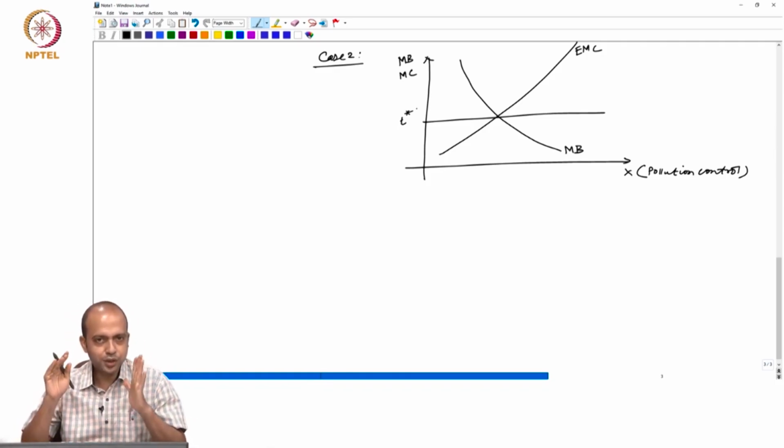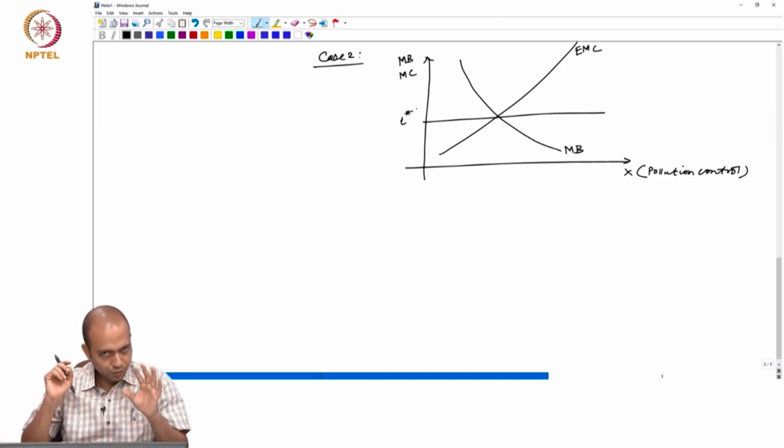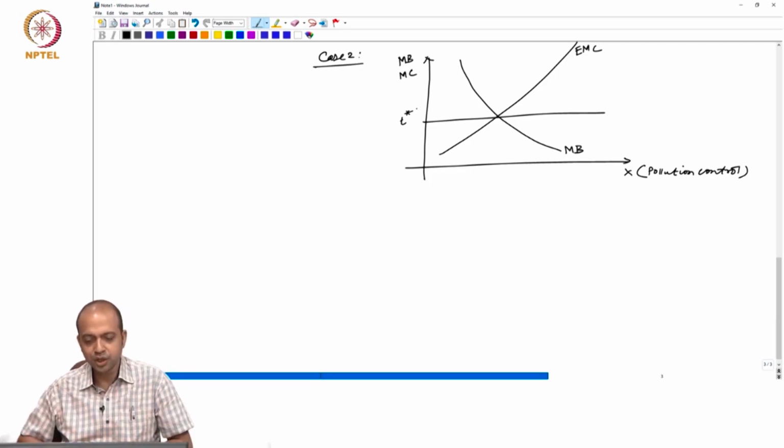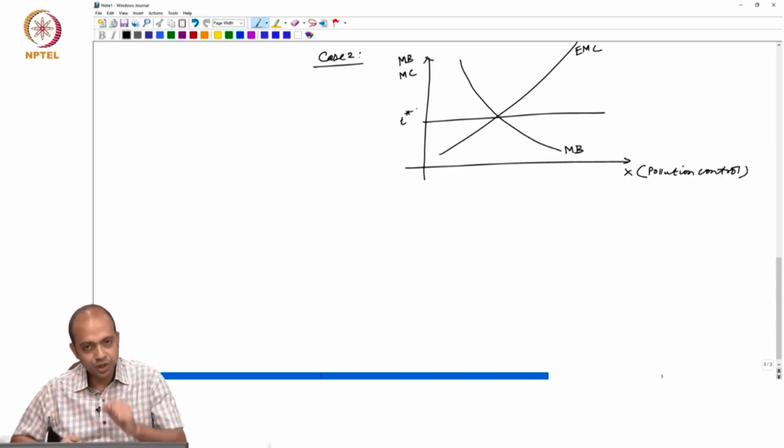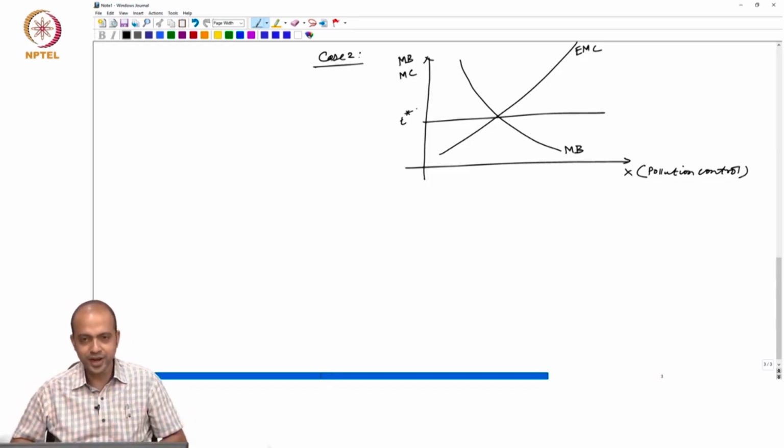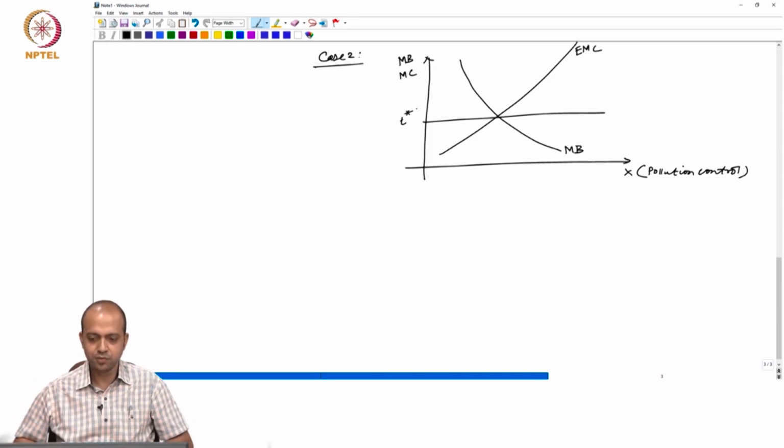So, the first step, when we are analyzing these alternative cases, is that you first decide about MB and then expected MC, and the intersection between EMC and MB will decide the optimum tax rate. That is the first step.